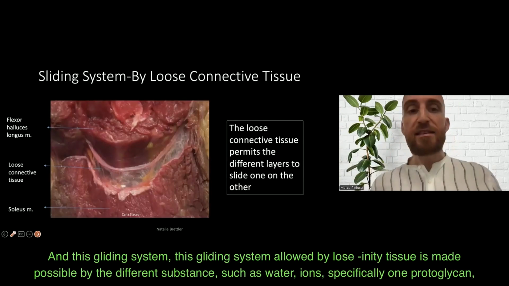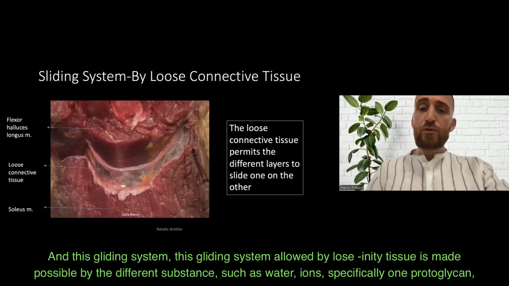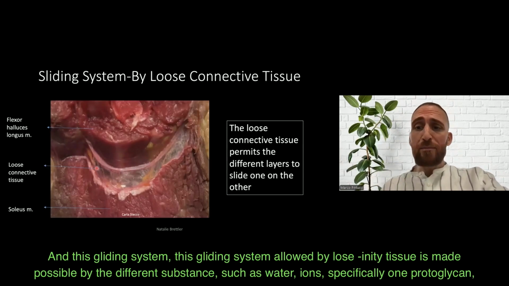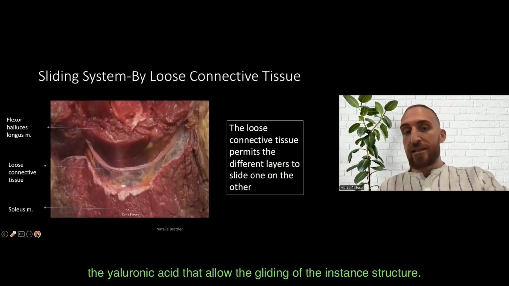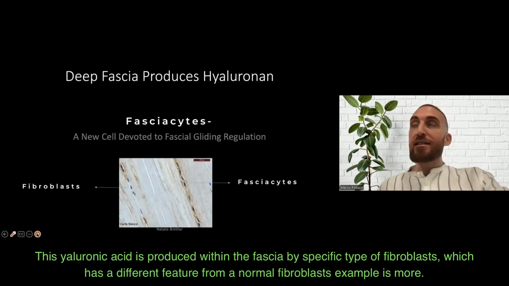This gliding system allowed by the loose connective tissue is made possible by different substances such as water, ions, but specifically one proteoglycan, the hyaluron or hyaluronic acid, that allows the gliding of different structures. This hyaluronic acid is produced within the fascia by a specific type of fibroblast, which has different features from a normal fibroblast.